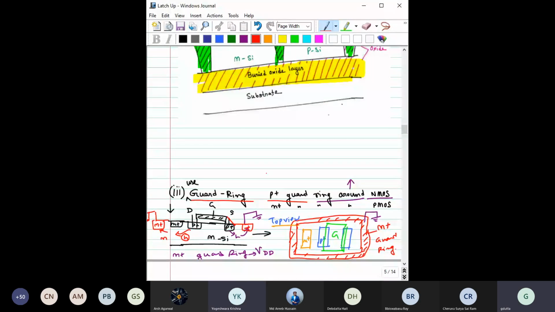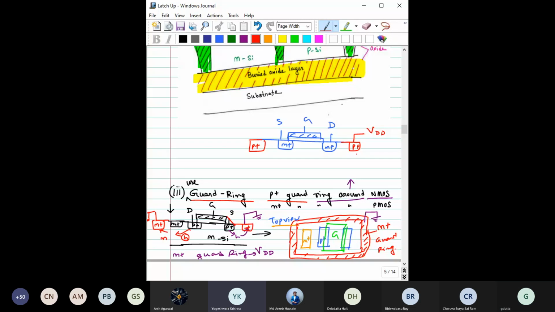Okay, if there is any confusion for this PMOS, so this is PMOS, right? For this NMOS, the structure would be like this: N plus, N plus, and you have gate, source and drain. Then for NMOS, you have a P plus region, and the P plus regions are connected with VDD.